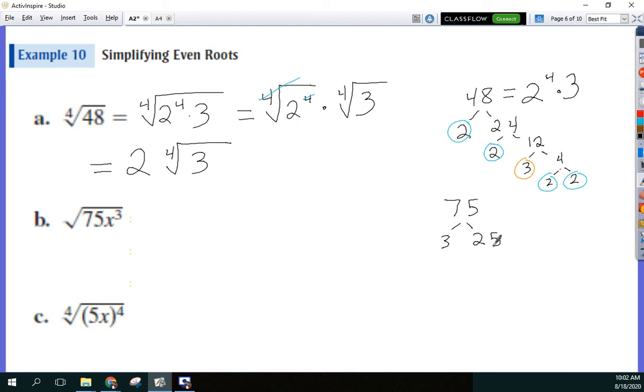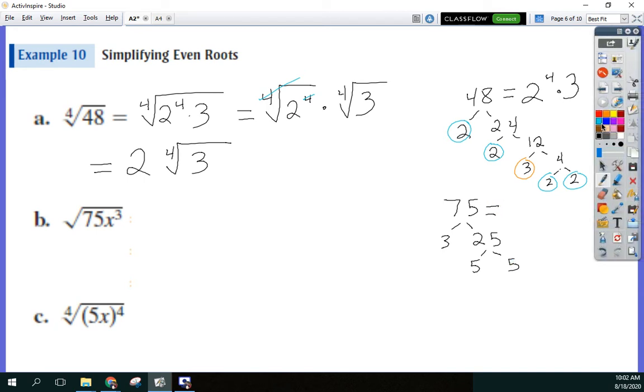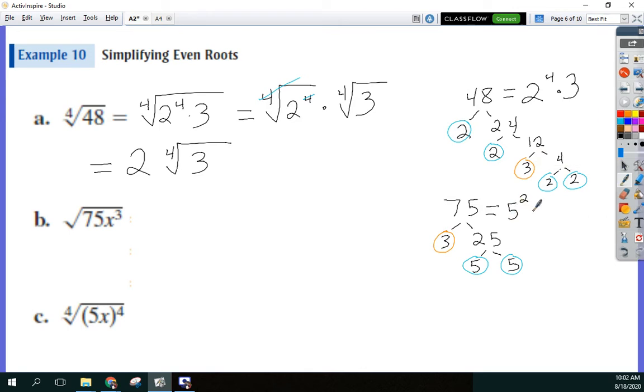And then hopefully we recognize that 25 is a perfect square, so that's going to be 5 times 5. And the reason we want to do that again is because then I have 2 5's and a leftover 3. So we can rewrite 75 as 5 squared times 3.